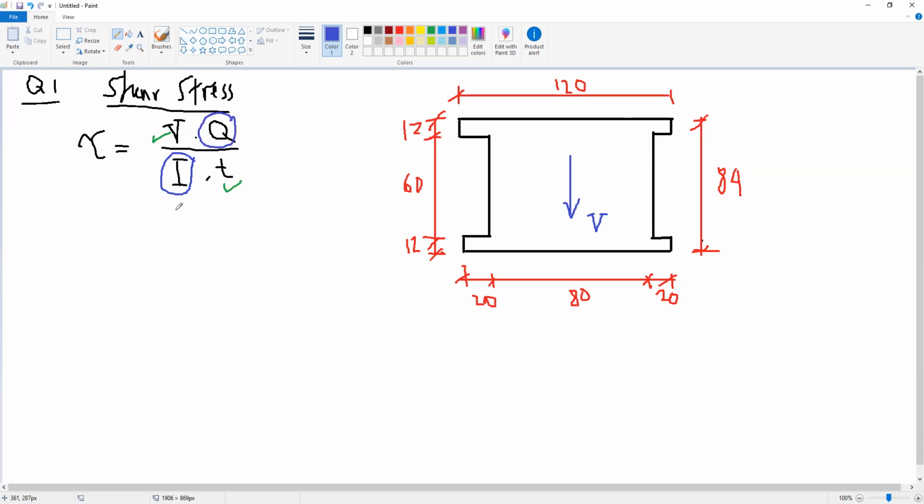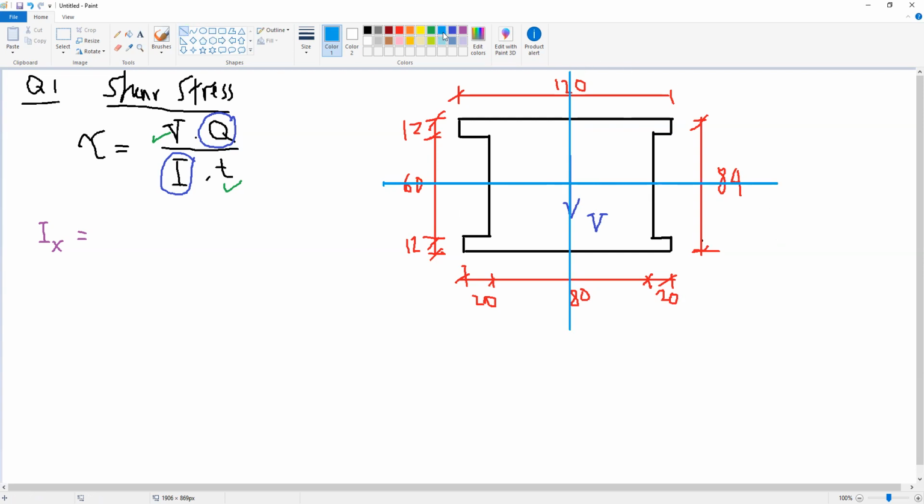I will start firstly with I. We just calculated I in the previous class, and you did a quiz about it today. So if I ask you to calculate Ix for this section: it is a symmetric section. If I draw the axes here, the y-axis is a symmetric axis and the x-axis is also a symmetric axis.